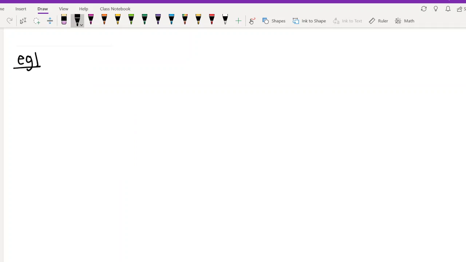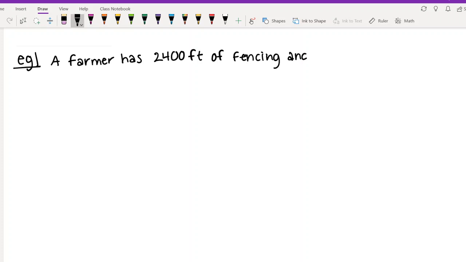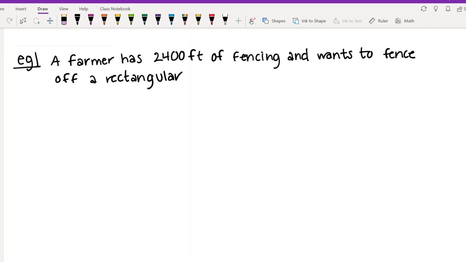This question says a farmer has 2,400 feet of fencing and wants to fence off a rectangular region bordering a river.